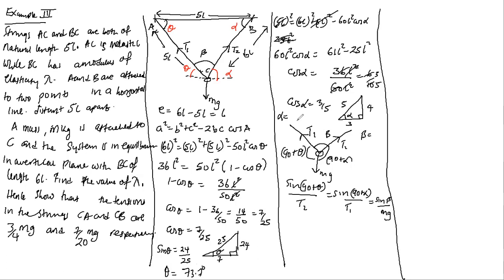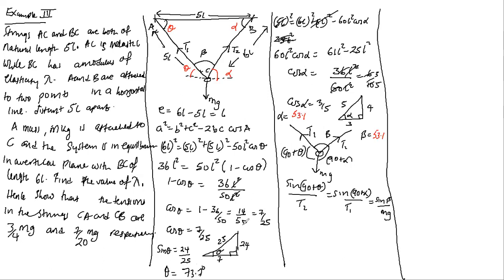Then alpha? 53.1. Even beta is 53.1, I guess.